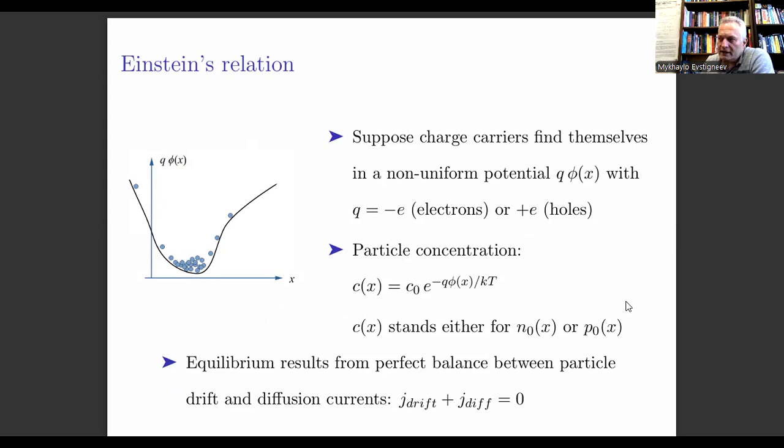In the degenerate case, that is when the Fermi energy is close to one of the bands, to the edge of the valence band or the conduction band, Einstein's relation breaks down because it is not a law of nature. It is an approximate formula, again, used when the classical physics is valid. In the more general case, you need to apply Fermi-Dirac statistics rather than Boltzmann statistics.